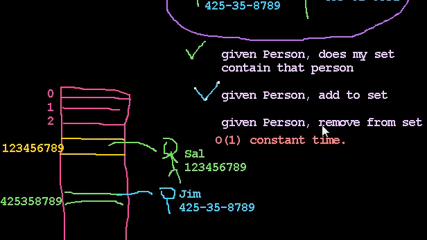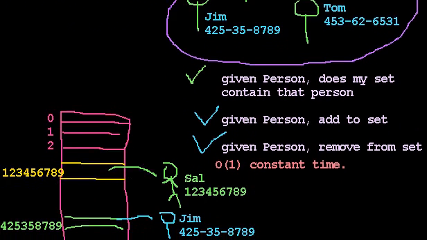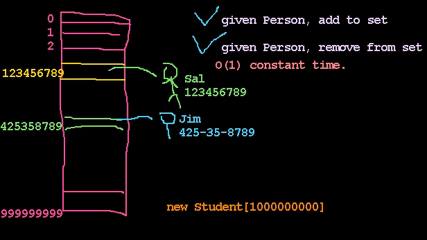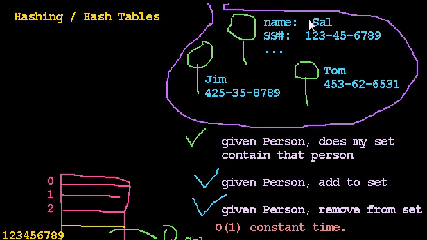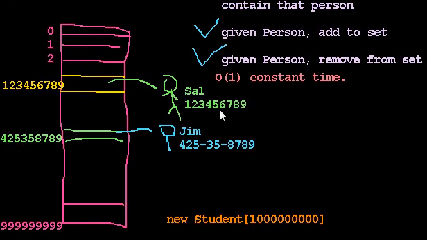So sure enough, yes, I can remove in constant time, so it looks like the really big array is letting me implement these methods in constant time. Now, what are the drawbacks of using a really big array? Because it would be very surprising if it turned out really big array was the absolute best way to store all this data. Because think about it, I have 3 friends. That means I have a billion element array with 3 occupied boxes.